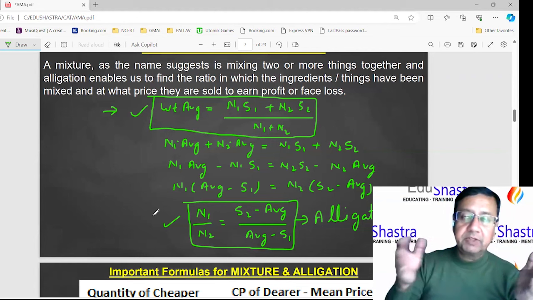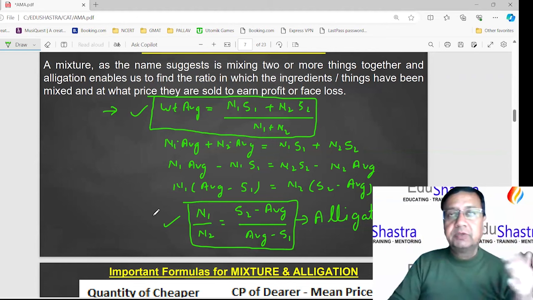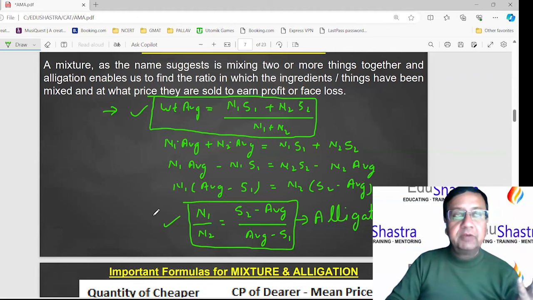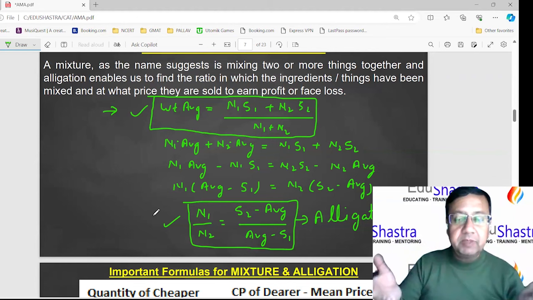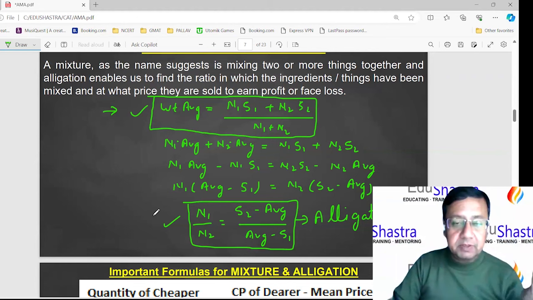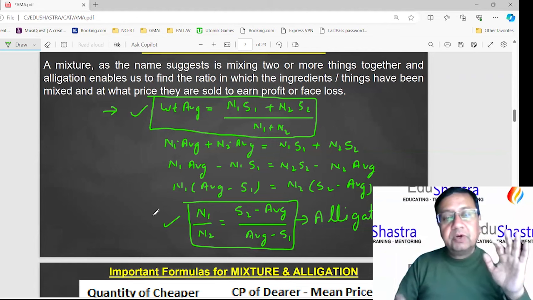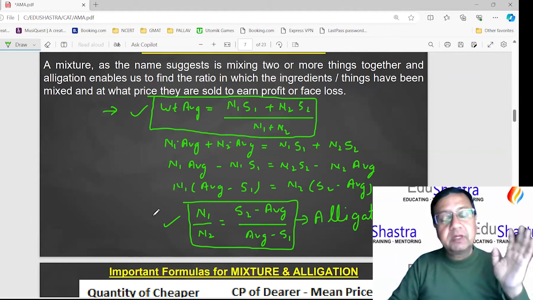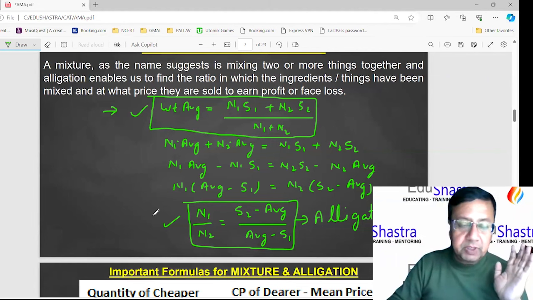Suppose you have a mixture of rice and wheat, you can find how many kg of rice, how many kg of wheat, right? If you have male and female in an office, you can find how many males, how many females in the office, right? So the first expression will give you the weighted average, and the second expression will give you the ratio or the number of the individual components.